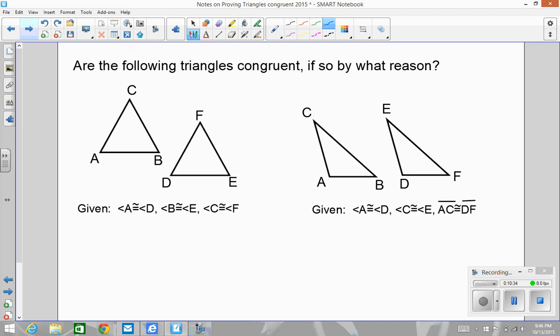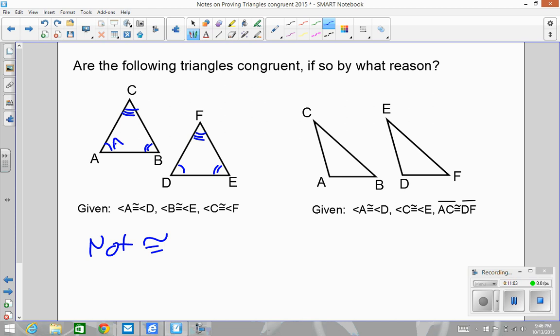All right, here's a couple more. Pause the video, write these examples down so that you can have your answers. Okay. This one is not congruent because we have angle A, angle D, angle B, angle E, angle C, angle F. Now, remember that the title of this lesson was there are no donkeys or roadside assistance in geometry?